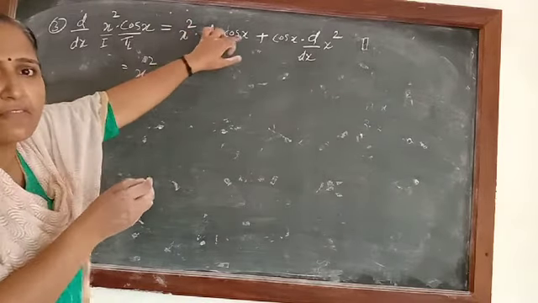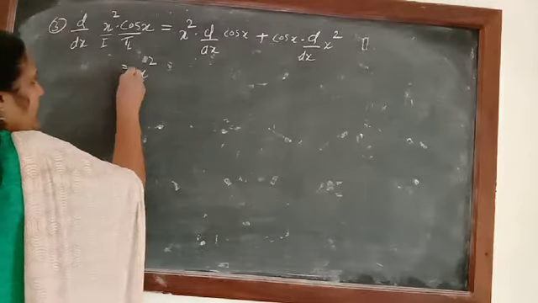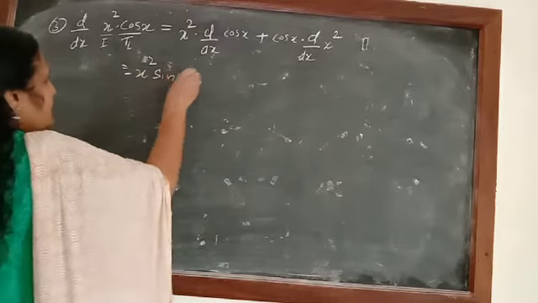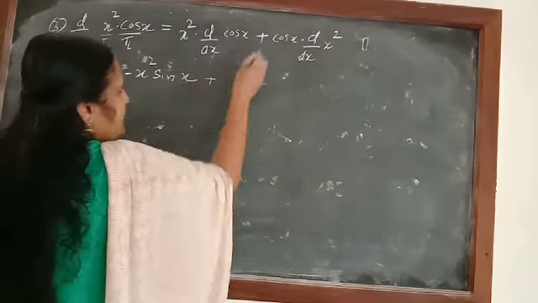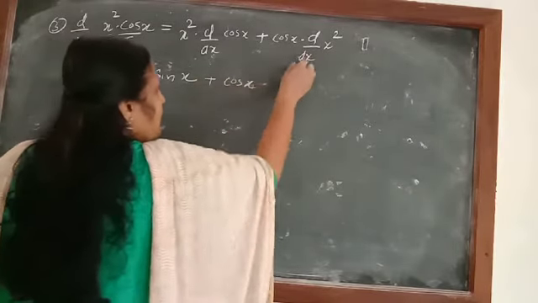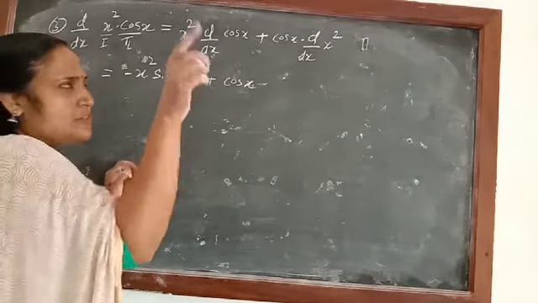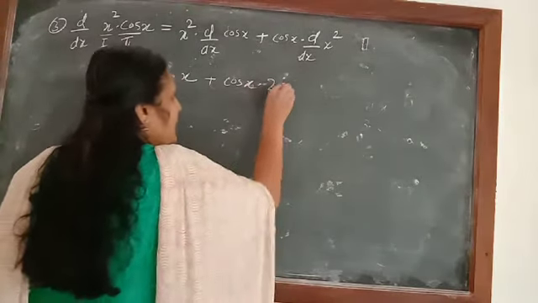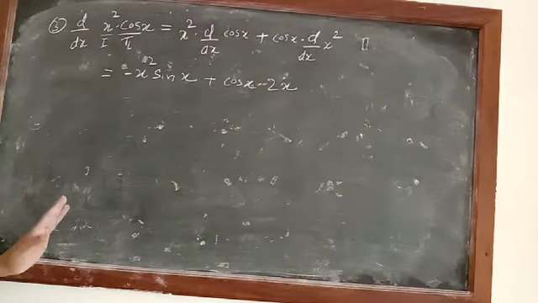It is minus sin x. So this expression will become negative: minus x square sin x plus cos x as it is. What will be d by dx of x square? 2 into x raised to 2 minus 1, so directly you can write that is equal to 2x. So this much only you have to do.